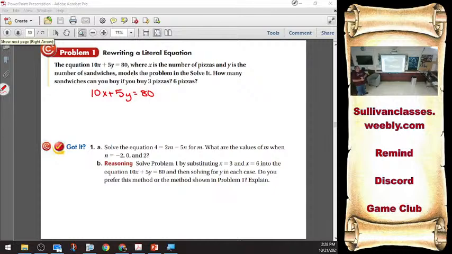How many sandwiches can you buy if you do 3 pizzas and 6 pizzas? What we're going to do is rewrite that and say minus 10x, and then we divide everything by 5.